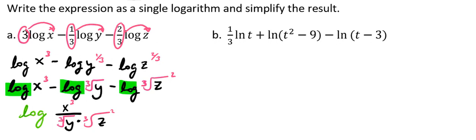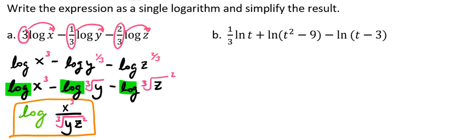However, because I have the cubed root of y and the cubed root of z, I can actually write those as the same thing. So I can write this as the cubed root of y and then z, and remember the z was squared, so we have z squared, just like that. And this is going to finish up this first example because we're unable to simplify it anymore.